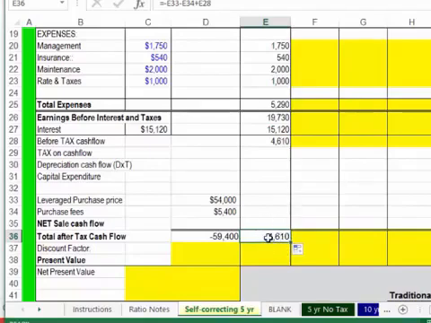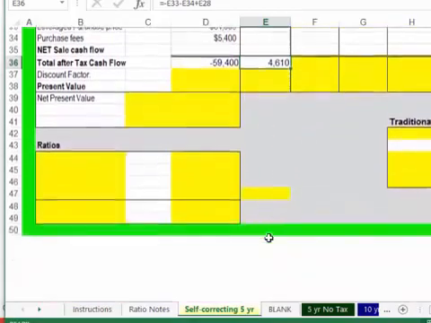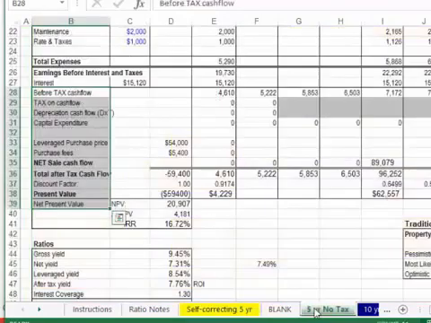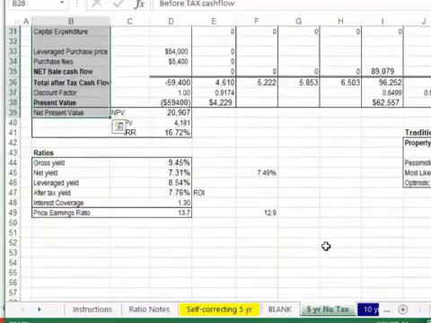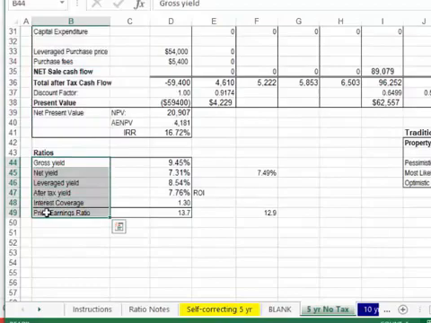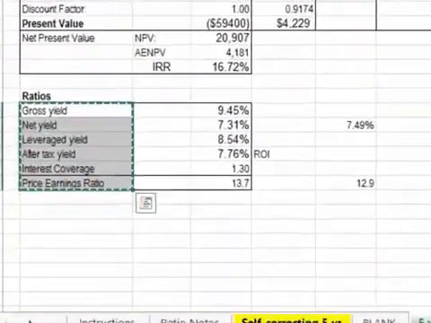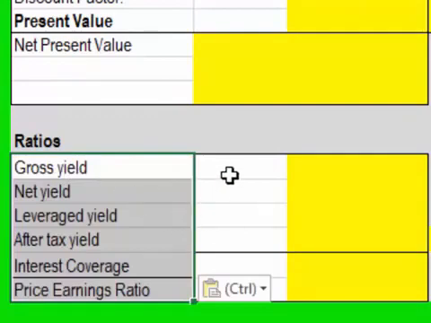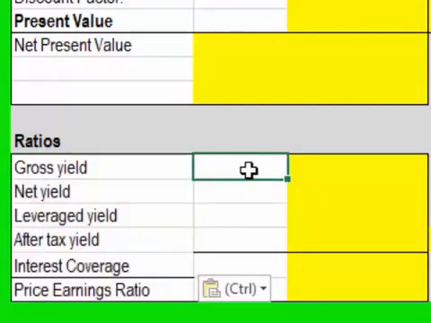Now I can work out some of these ratios that we were talking about. The ratio section is down here in our model. In this section, again, what I'm going to do is copy forward from the worked example, at least the headings. That gives us a little bit of a head start. It also tells us what ratios I want to be putting in here. You notice I put the right headings in, so the yellow highlights have disappeared.